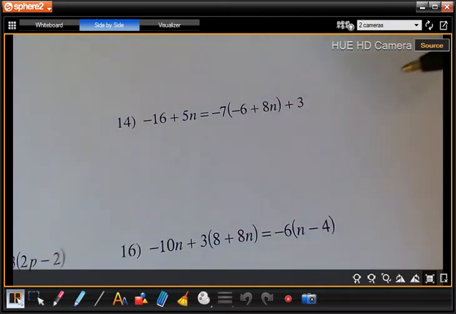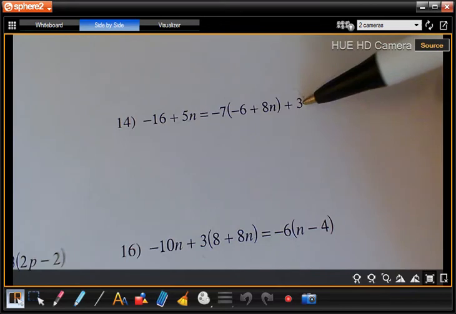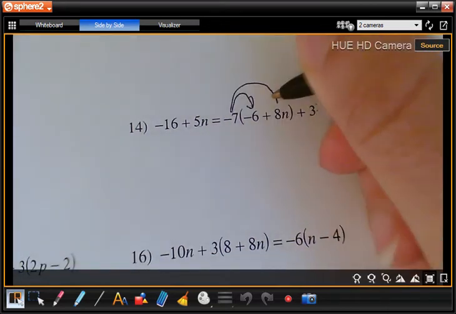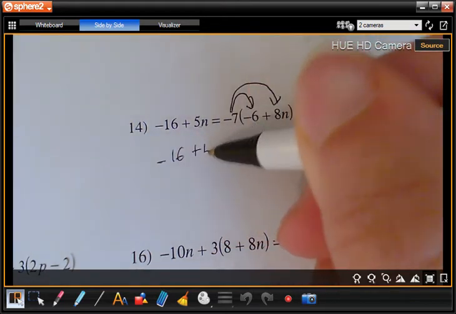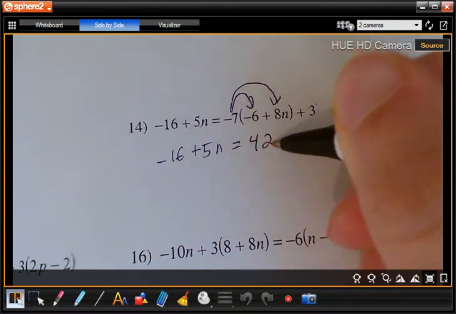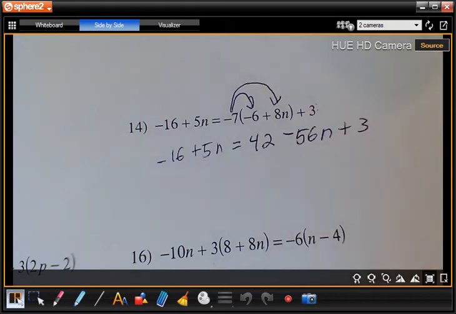You can start by distributing first and then combining like terms. You could get this 3 away and then divide everything by -7, but I think I'm just going to distribute out the -7. So I'm going to be stuck with -16 plus 5n equals 42 minus 56n plus 3.